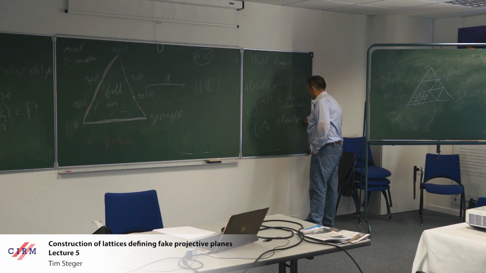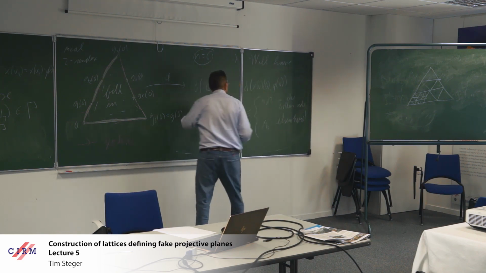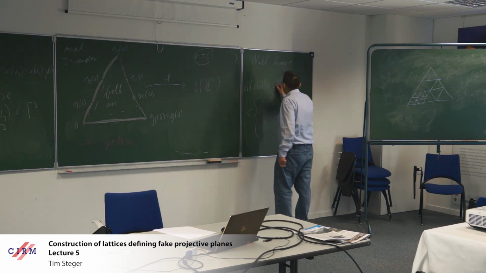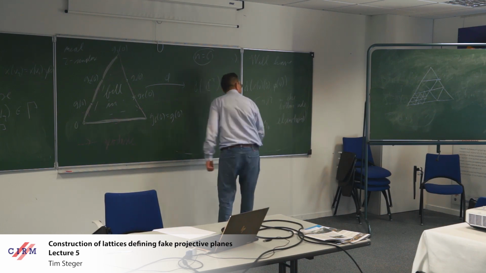So this is the sense in which my elements x are giving me a sort of approximation to the map phi. So how do we do this?